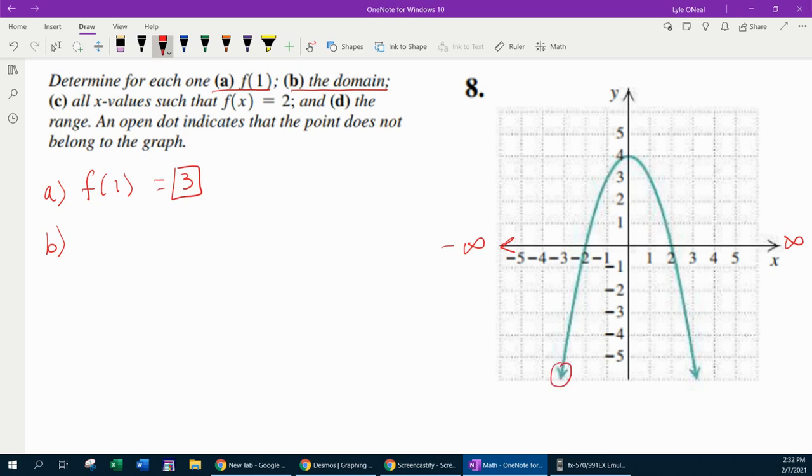Notice the arrow here says that this graph continues to go down, but as it goes down, it's also scooting over to the left. So if we let this graph continue to go down to infinity, it will also keep scooting over and over to the left forever.